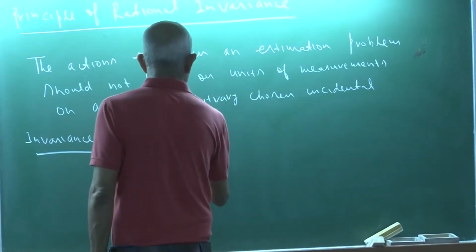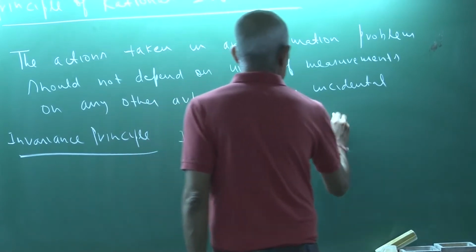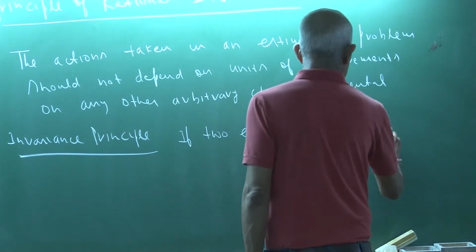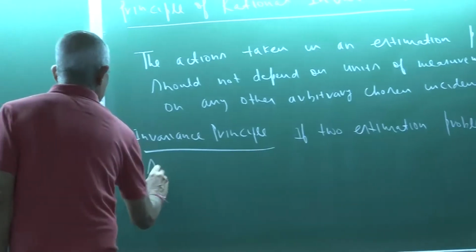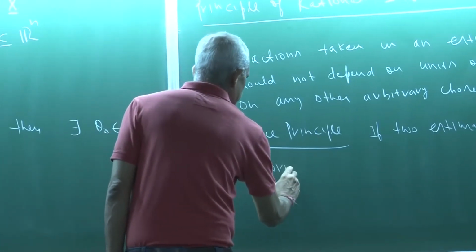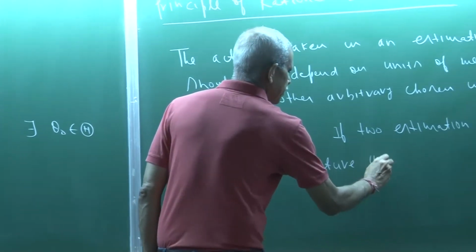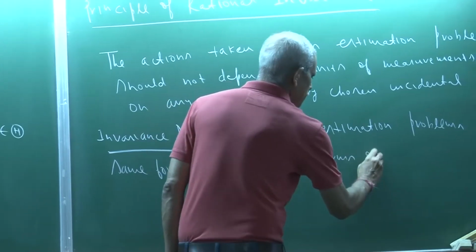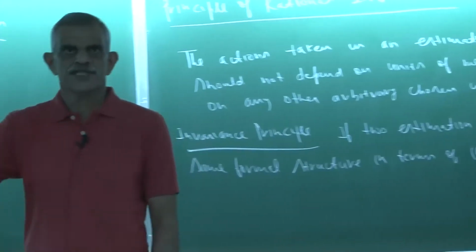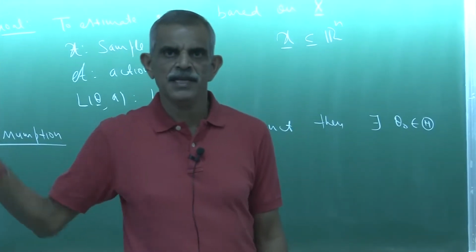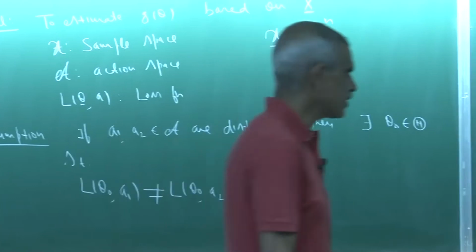If two estimation problems have the same formal structure in terms of theta A L, that means your theta is the same, the class of distributions remains the same, the action space remains the same, and the loss function also remains the same, then I should use the same decision rule in both the situations.